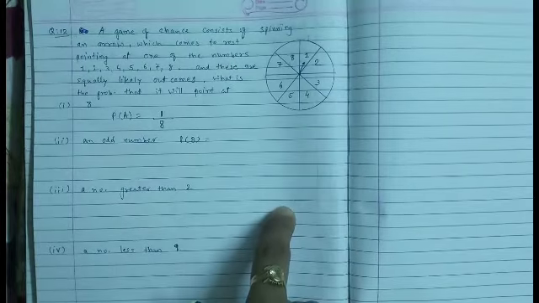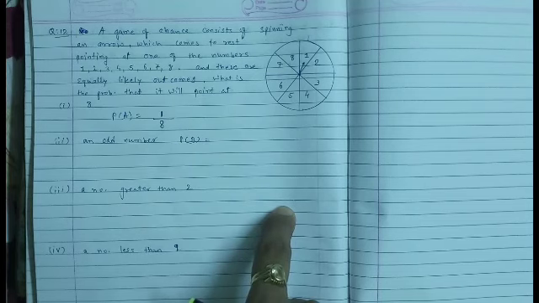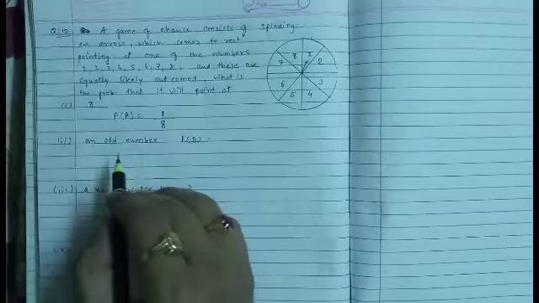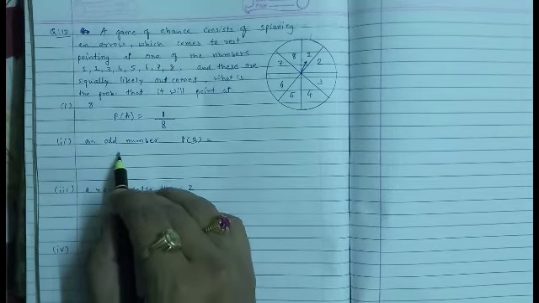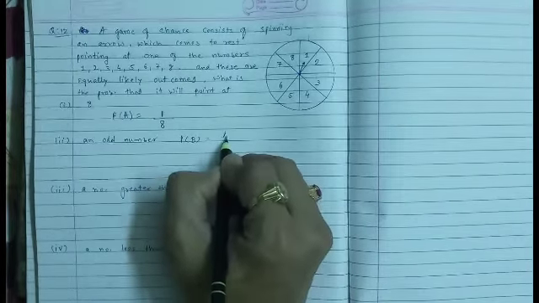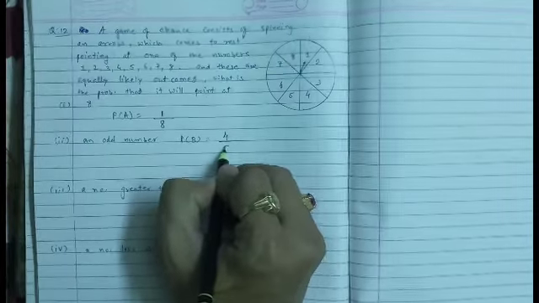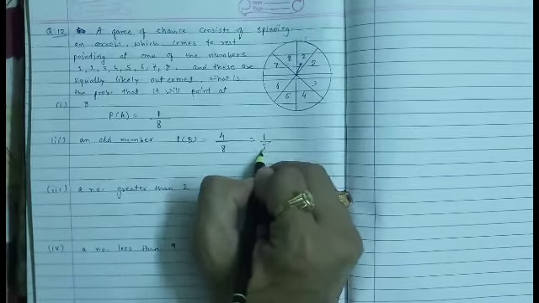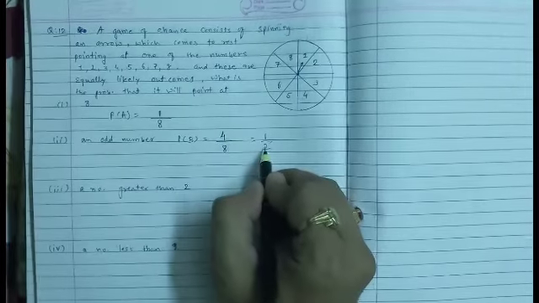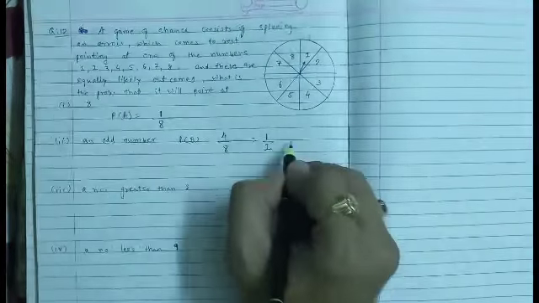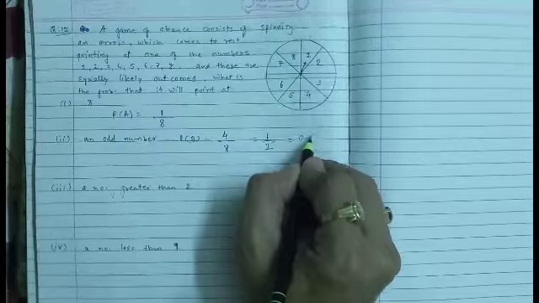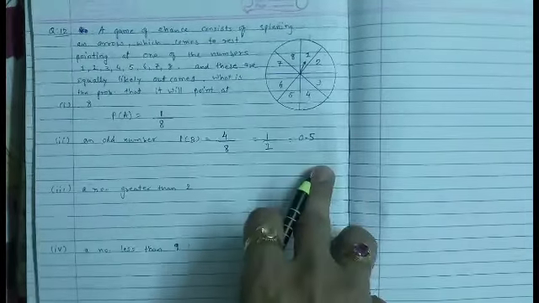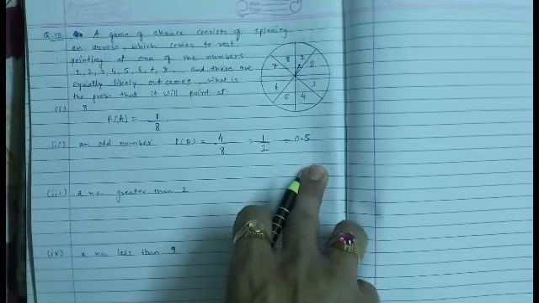So number of outcomes for odd number is 4 and total number of outcomes is 8. Therefore the probability for getting an odd number is 4 by 8, we get 1 by 2. 4 2s are 8. It will be 1 by 2. We can get it as 0.5 also because 1 divided by 2 is 0.5. You can write 1 by 2 or 0.5. Both are one and the same.